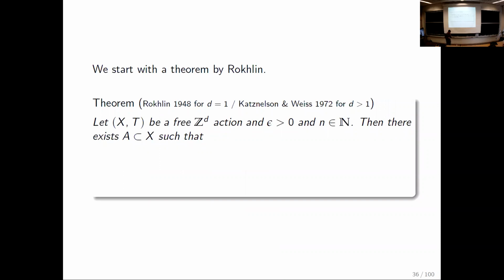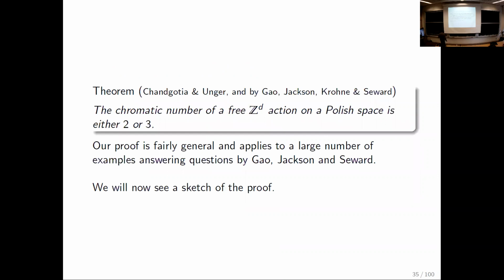Maybe before I sketch the proof, since I've already given you the picture, let me talk about how we somewhat know about it. You will see more pictures as we go along. The idea is we try to divide the space into boxes.